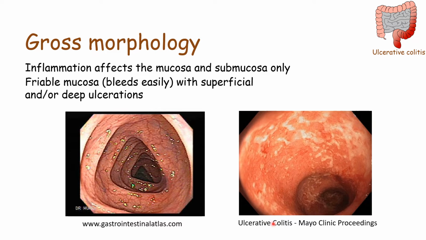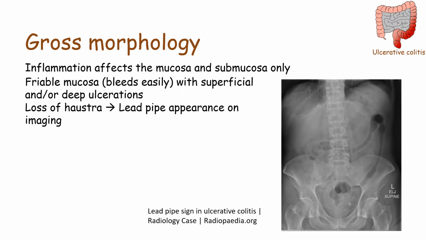Another thing we can see in this image, in contrast with this one, is that here we can see all these divisions in the colon. These are called the haustra. So up here as well, various different divisions. These are the haustra. And in ulcerative colitis, you get the loss of these divisions. This is also a characteristic finding of this disease.